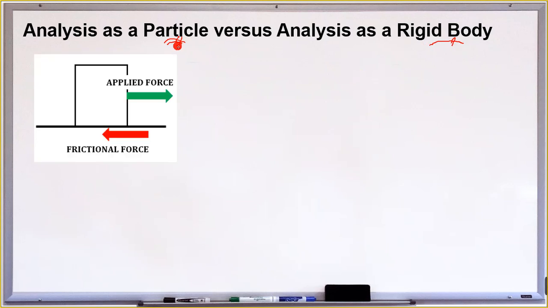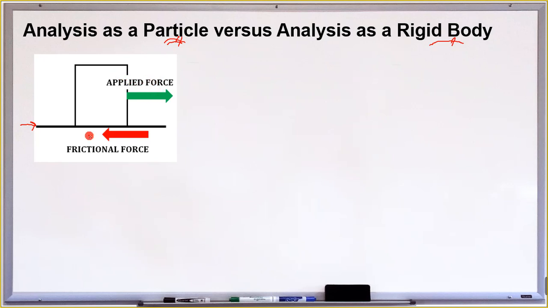In this first picture, we have a block that rests on a horizontal surface. Now, this block is subjected to different forces. The first one, colored green, is the applied force. Let's say, for example, we pull this block towards the right.